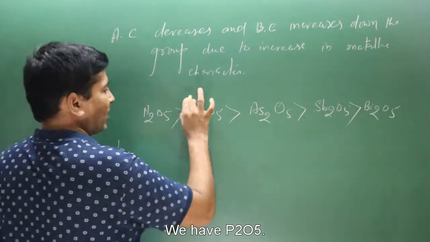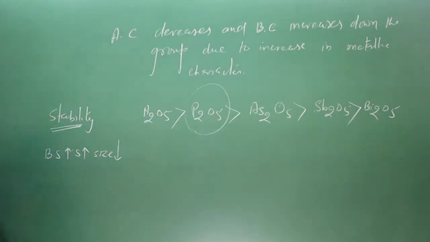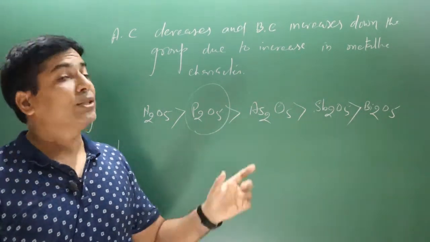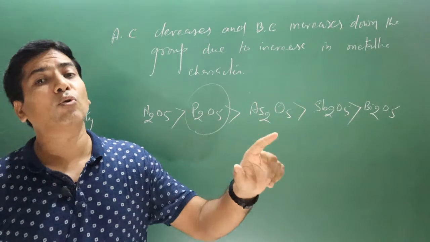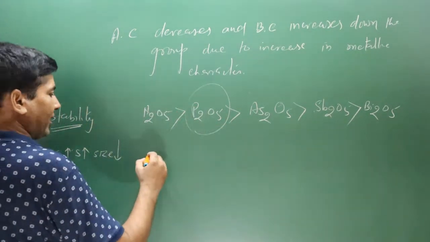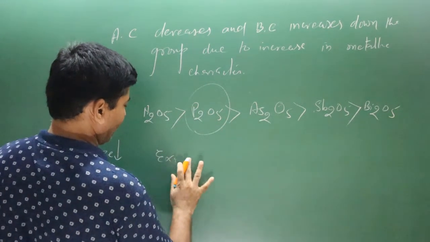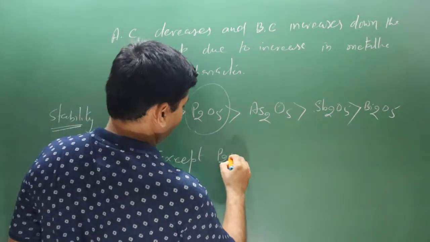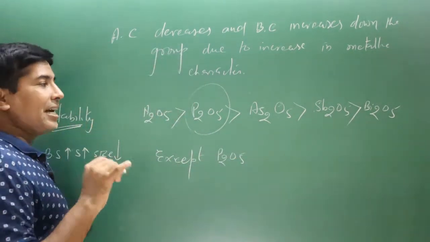Important information, we have P2O5. Except P2O5, rest of the oxides release oxygen to form lower oxides. Except phosphorus pentoxide, P2O5, it works as a better dehydrating agent.